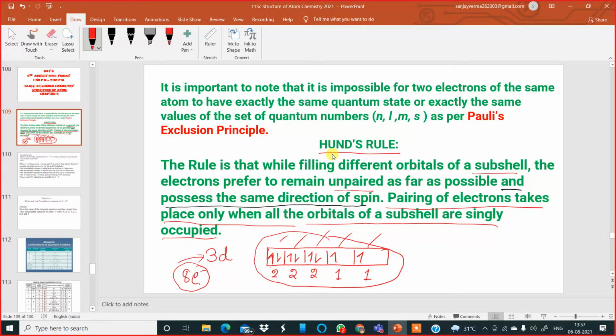So 8 electrons are shown in this manner in this example. Pairing of electrons takes place only when all the orbitals of a subshell are singly occupied. This is Hund's rule. You must learn this statement of Hund's rule.